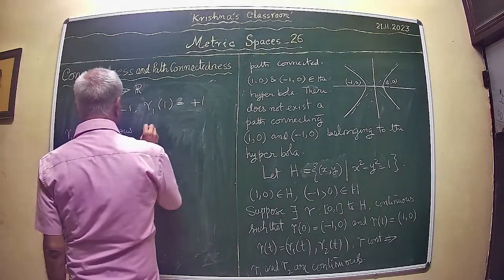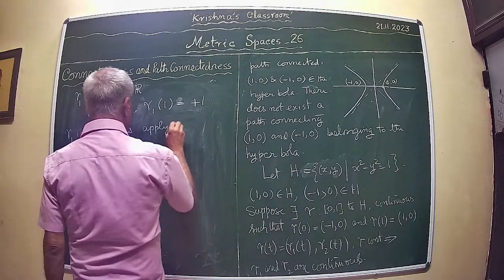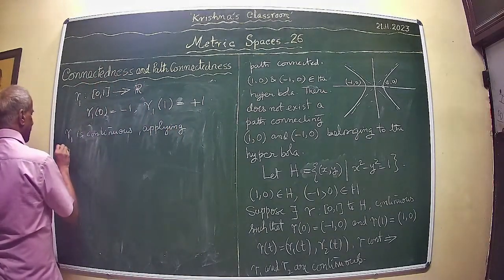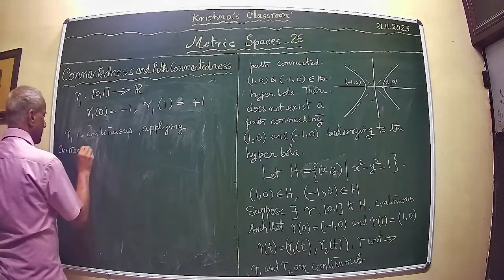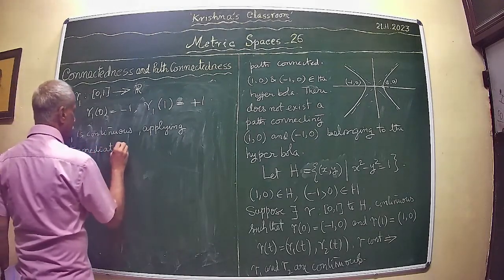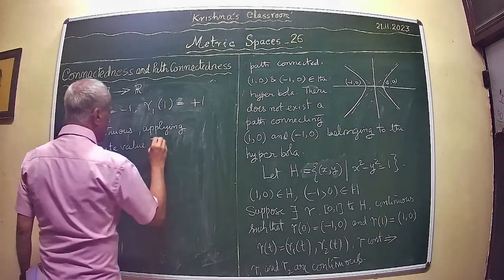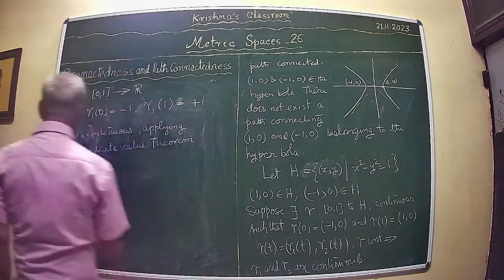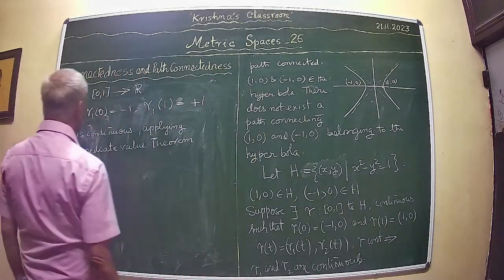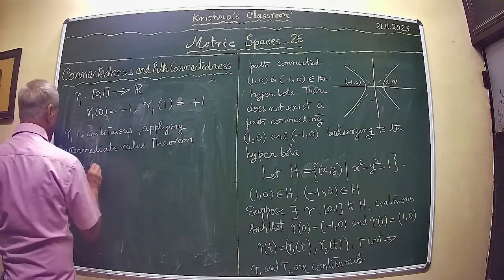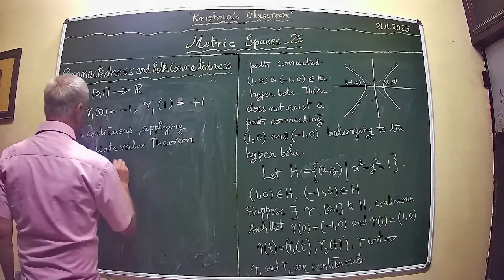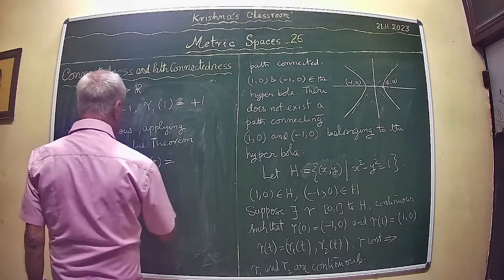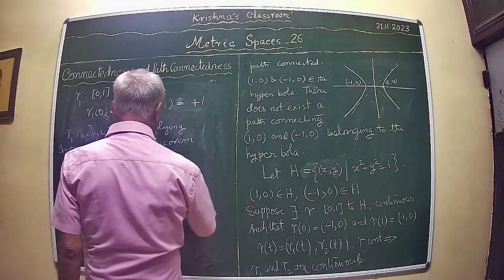And therefore, applying the intermediate value theorem, there exists a T belonging to 0, 1 such that gamma 1 of T equal to 0.